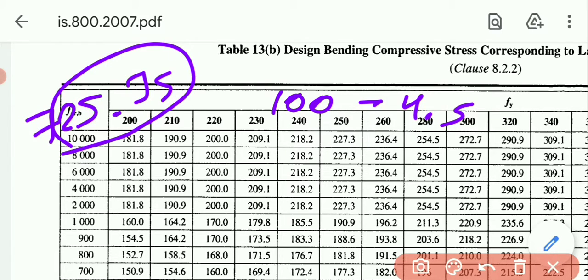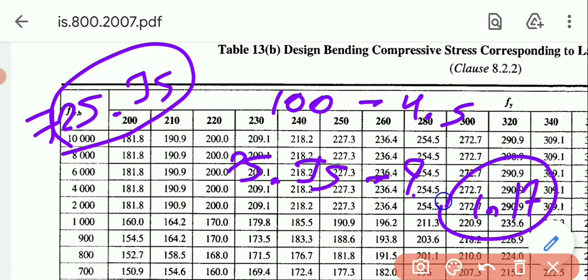So at the difference of, we can say, 25.95, how much is it? So it will be 1.17. So now from 700 to 800 the value is getting increased, as you can see over here. So add this 1.17 into 177.3.